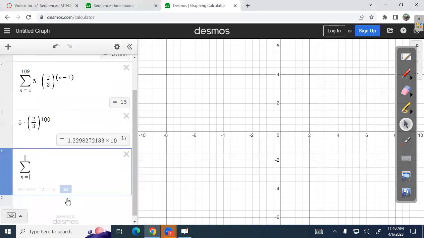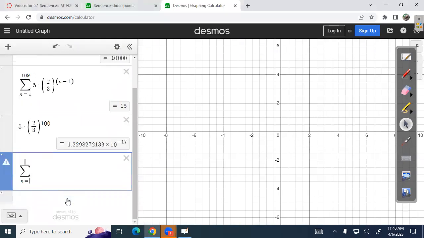So I want the sum. N goes from 1. Let's go up to 10 to start with. Parentheses, 1/3, close parentheses, raised to the power n. So after 10 terms, 0.49.